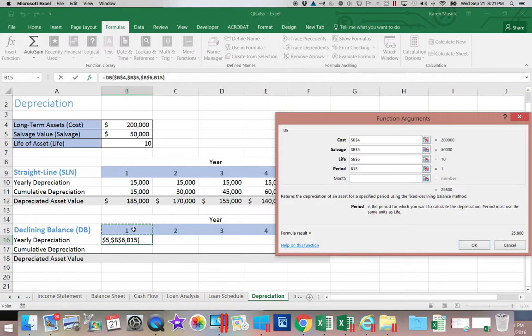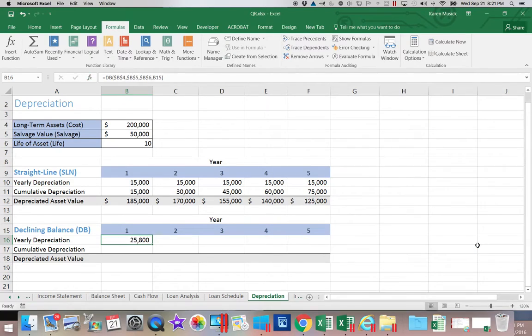So we're going to use that, and I want it to be relative because I want it to change so that in the next column it's going to look at year 2 and then year 3. And since the depreciation is accelerated in the beginning and gets lower toward the end, I need to know which year I'm in order to calculate it. So I'm going to go ahead and click OK.